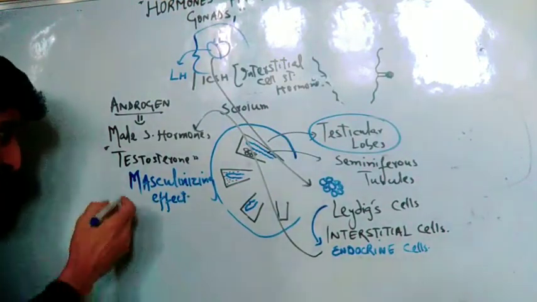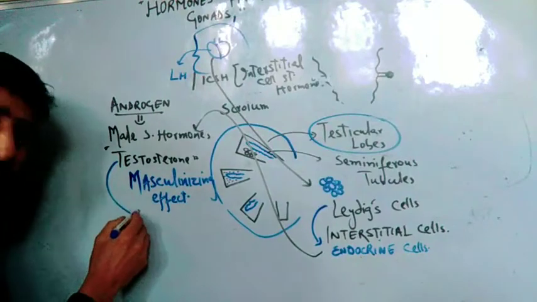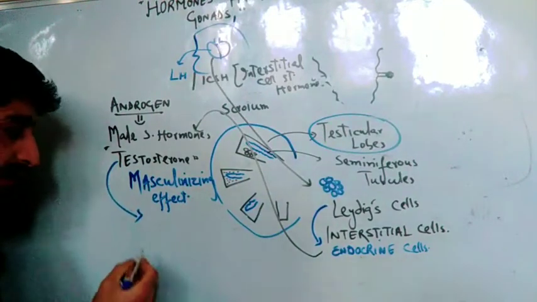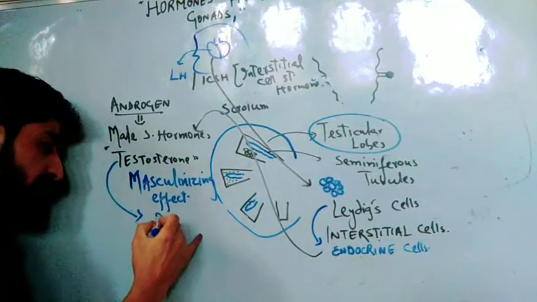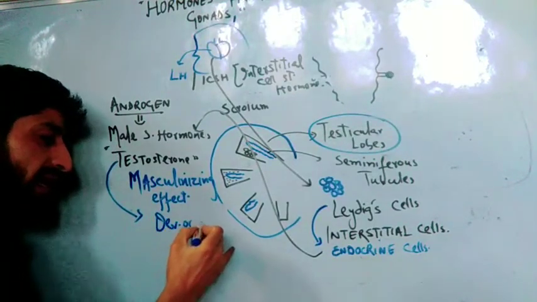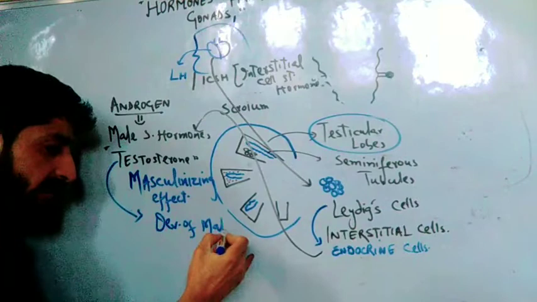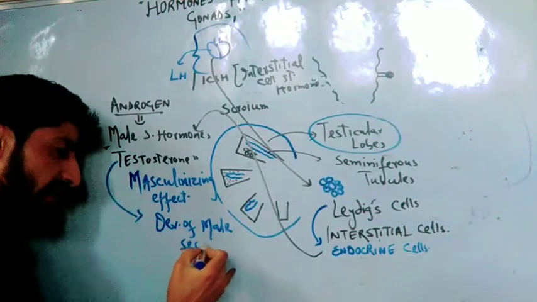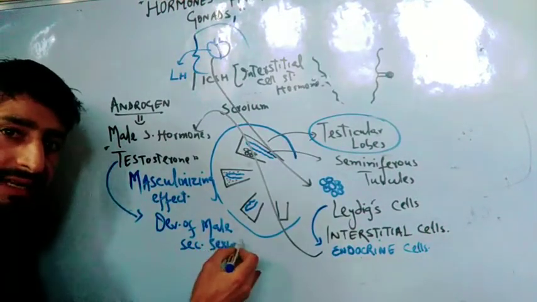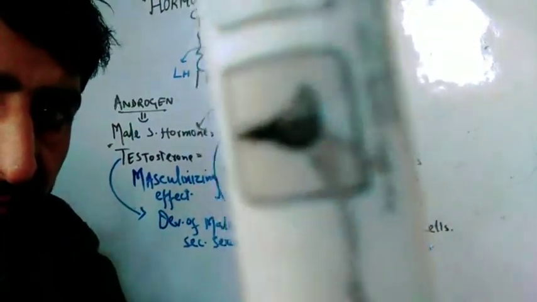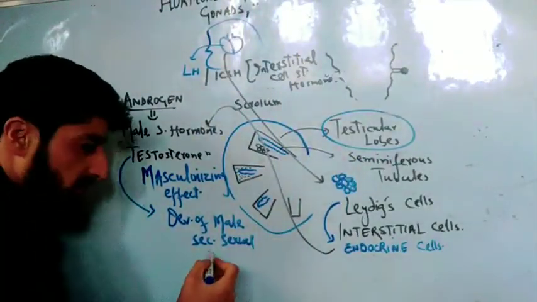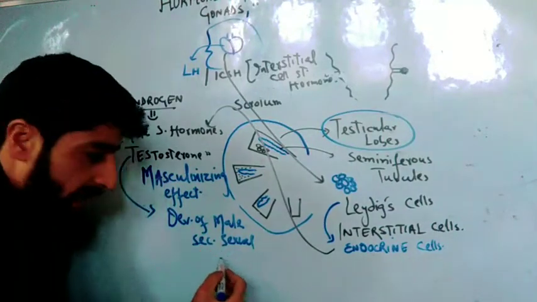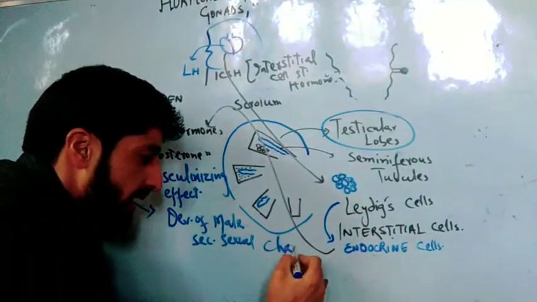It is this testosterone hormone that is responsible for the masculinizing effect. Or you may simply say it is this testosterone hormone that is responsible for the development of male secondary sexual characters.